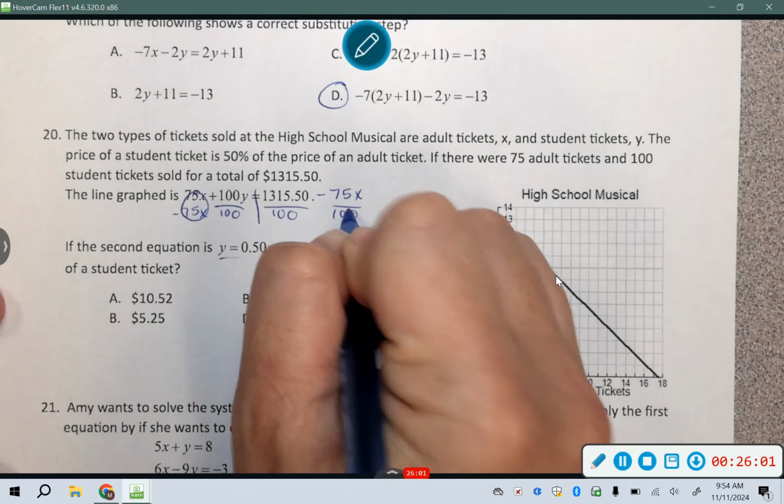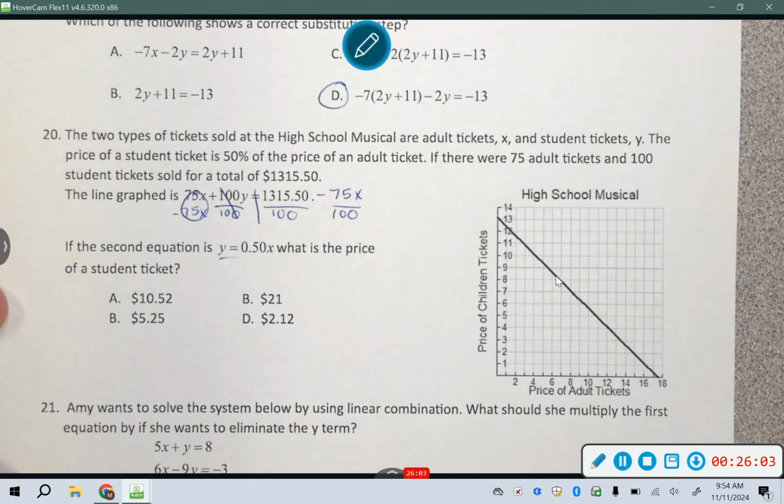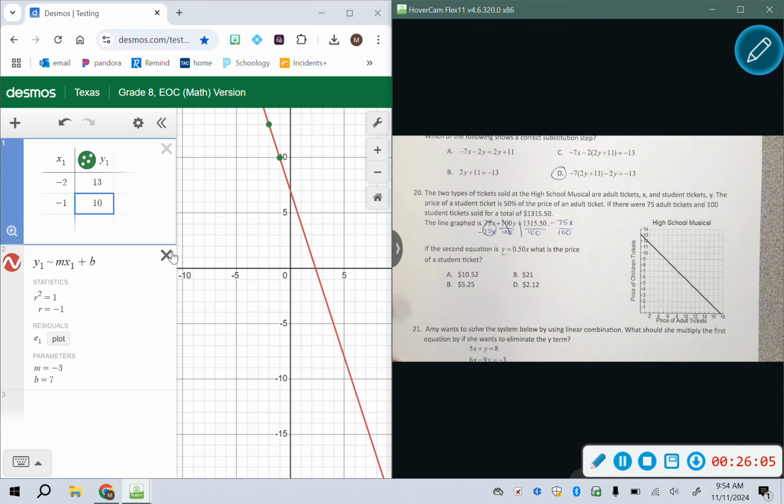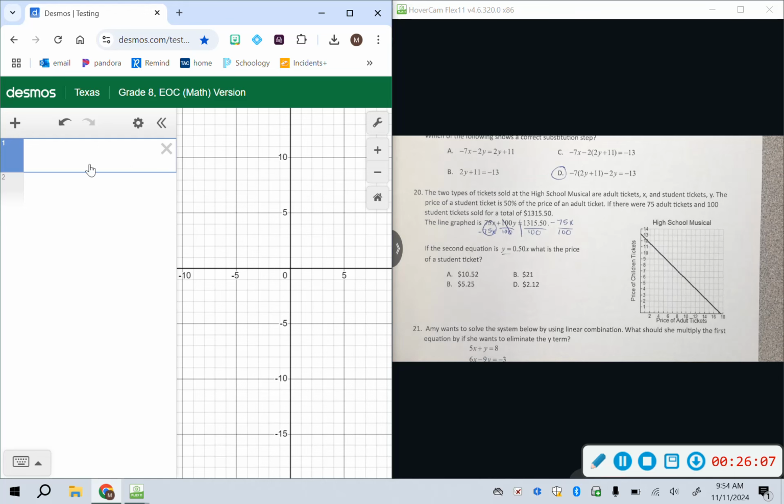And we're going to lazy solve, so we're not going to simplify. So I have y equals 1315.50 over 100 minus 75 divided by 100 x.